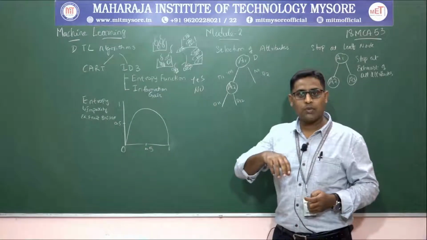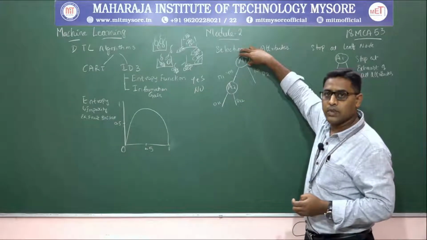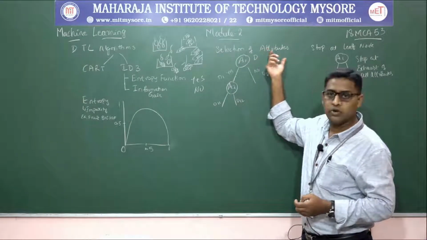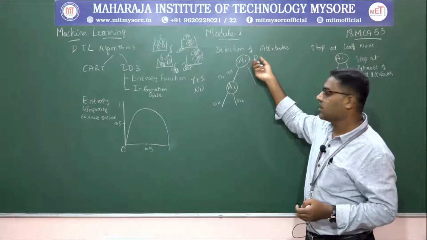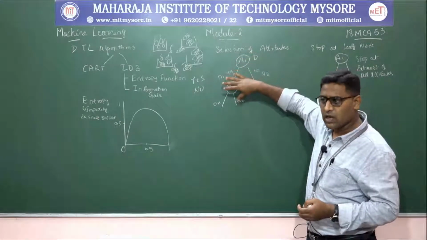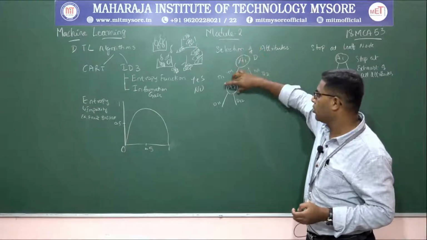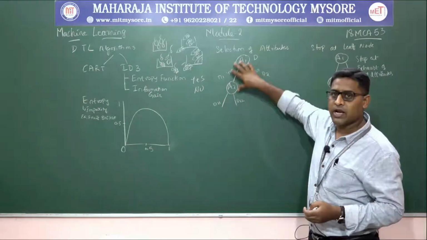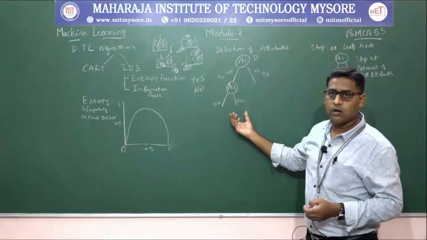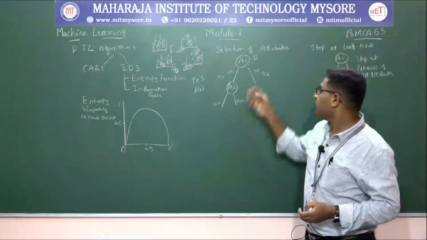Now to choose the captain, you need to make him a root node. You need to go for selection of attributes. Those attributes are defined as something like the root node. Again, we have discussed earlier, root node, nodes, leaves, and branches will be there, and you will be ending at the end point, or you call it a leaf node.